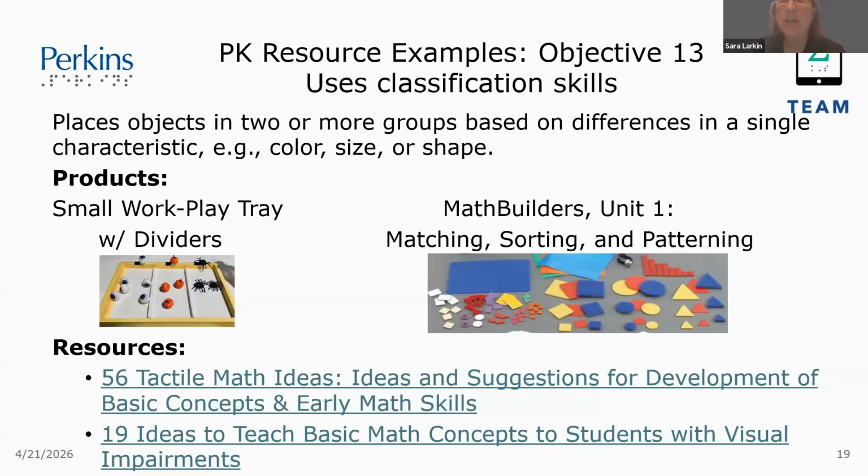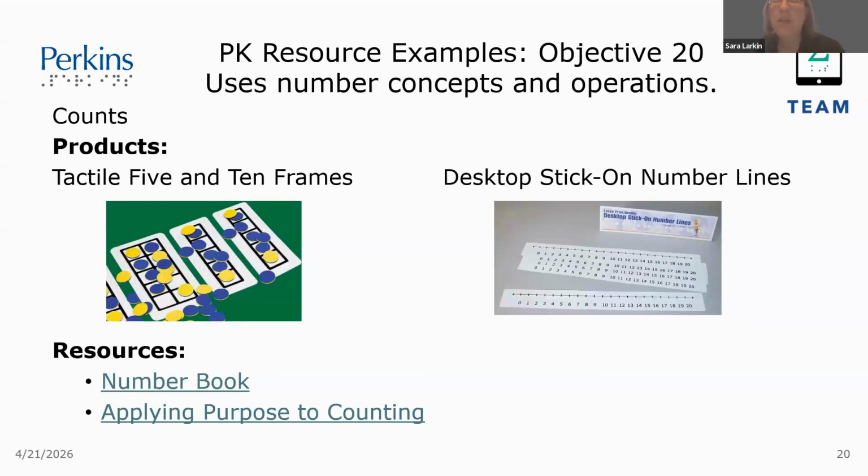So when we're talking about characteristics, those characteristics of color or texture versus shape versus size can be used for that particular objective. And then there's even a couple of resources, 56 tactile math ideas for early math skills, and 19 ideas to teach basic math concepts. So if you want a lot of ideas in one place, that's some links where you can get them.